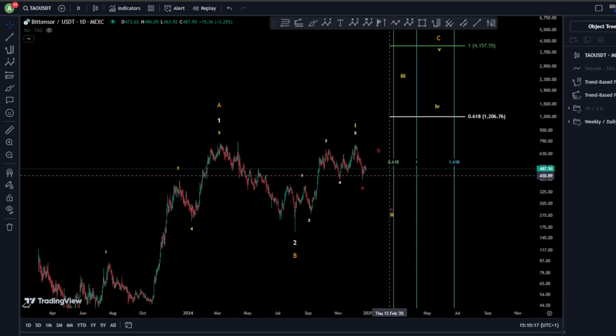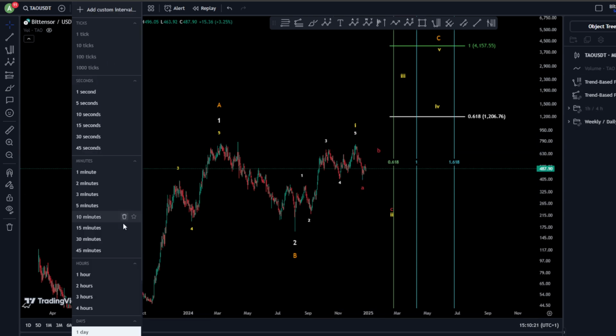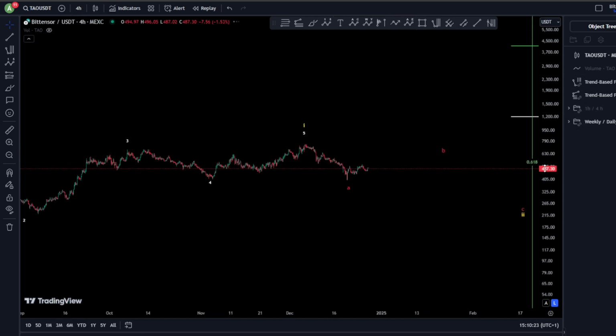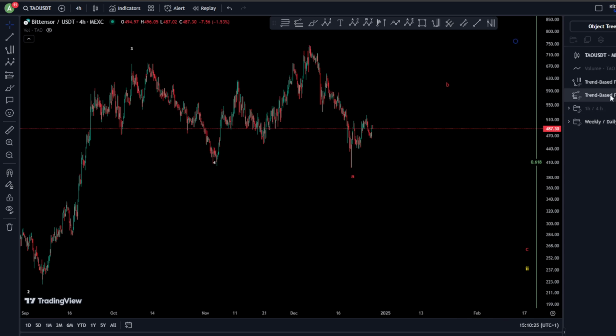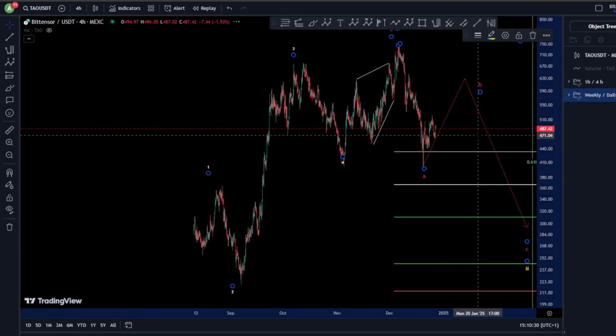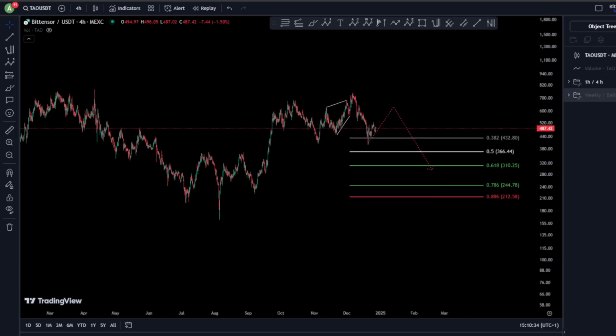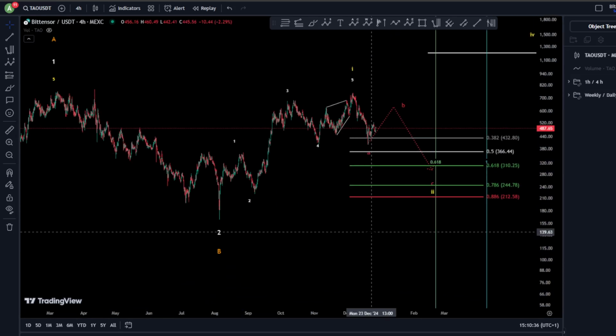Now let's take a look at the target for the bearish scenario for your wave 2. Let's move to the 4-hour chart here, and I'm gonna keep this in the weekly. And here we go. On the 4-hour chart, as we said, we are probably in a 1, a 2 here, right?